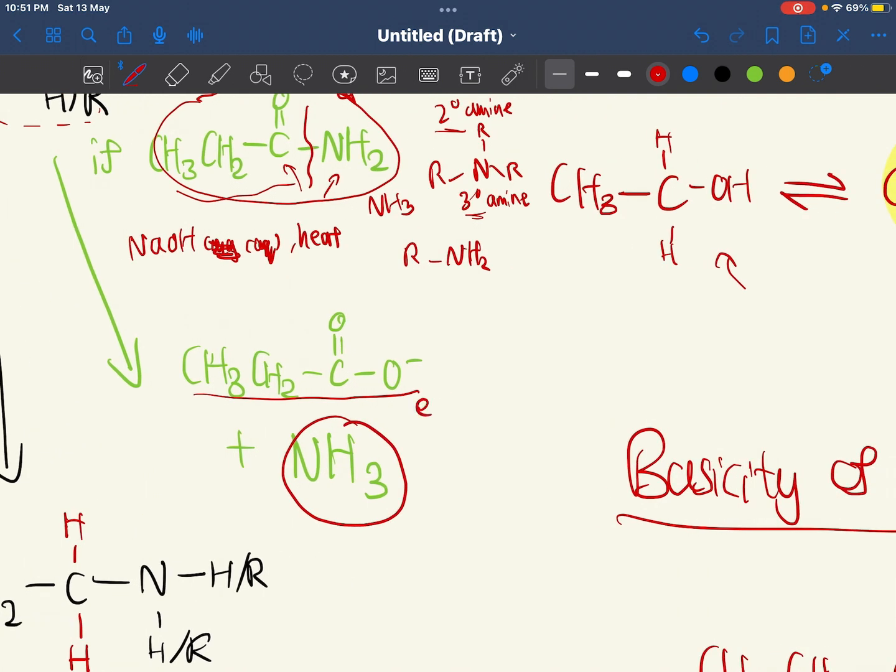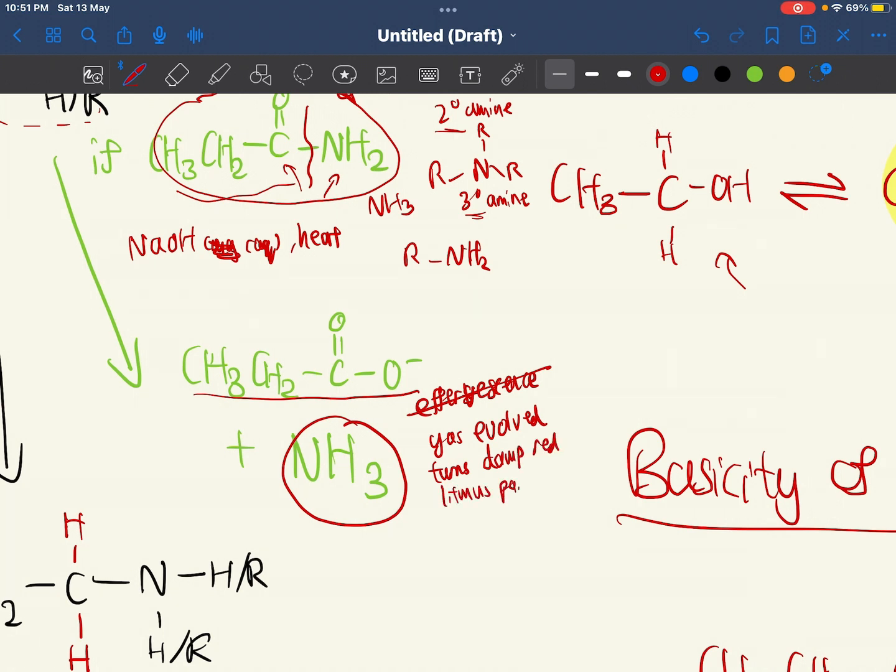So NH3 gas, actually, a lot of people tend to think there's effervescence, but no, because NH3 is very, very soluble, therefore effervescence is not observed, but there is a gas evolved. Gas evolved turns damp red litmus paper blue.